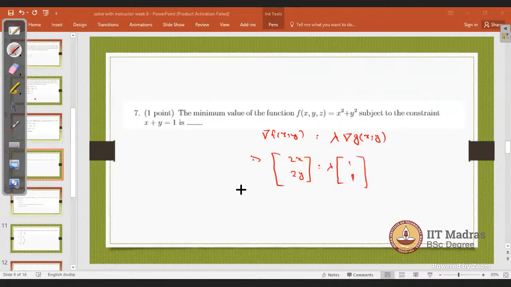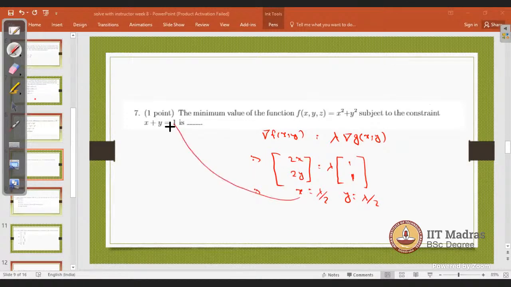Yes, sir. So we get x equals lambda by 2 and y equals lambda by 2.